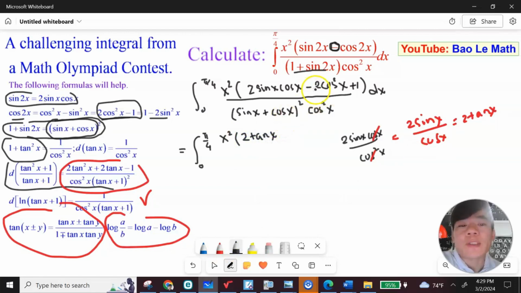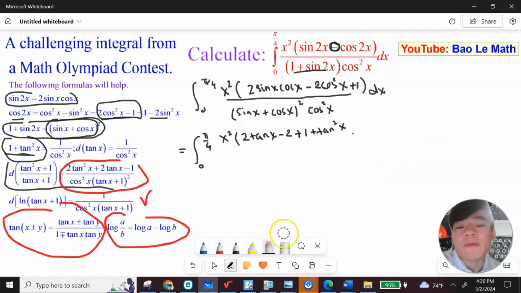Now the next one, negative 2 cosine squared of s divided by cosine of s, it could be -2 times 1 divided by cosine squared of s, which is 1 plus tangent squared of s. So plus 1 plus tangent squared of s. I can simplify this too: negative 1 plus 1 is going to be negative 1.